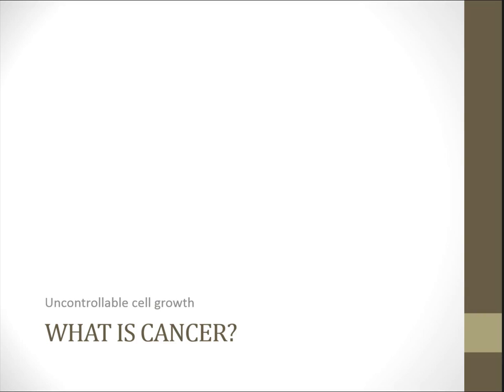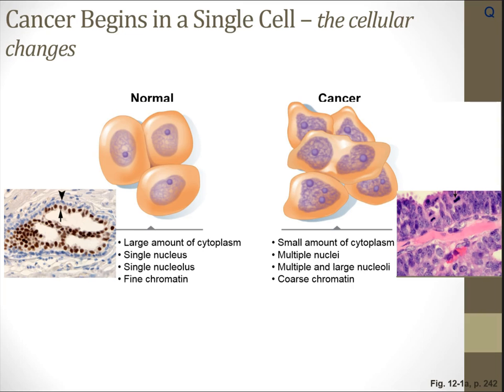So what is cancer? Most define it as simply uncontrollable cell growth. Well, there are some very basic characteristics that we see on the cellular level that help us to determine the difference between normal cells and cancer cells. The first is that usually in normal cells we see a large amount of cytoplasm surrounding the nucleus, and usually we see a single nucleus and a single nucleolus.